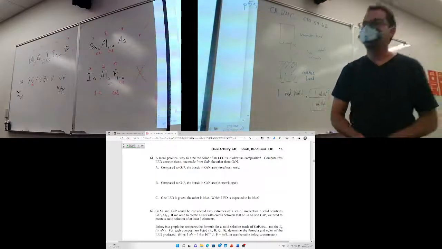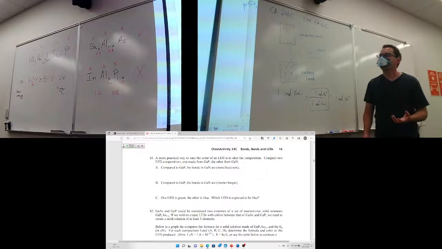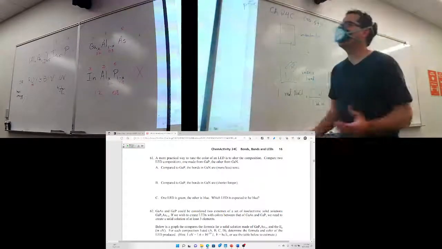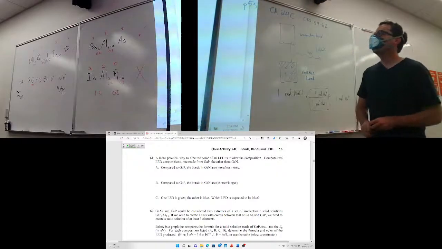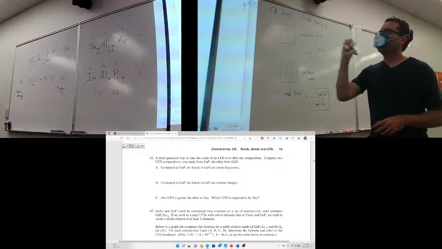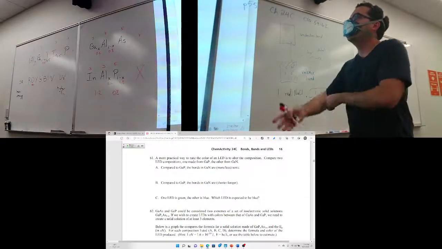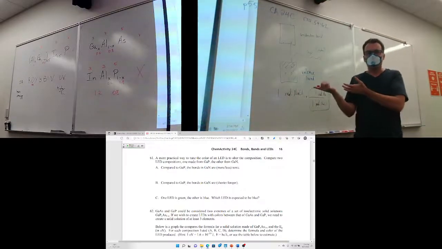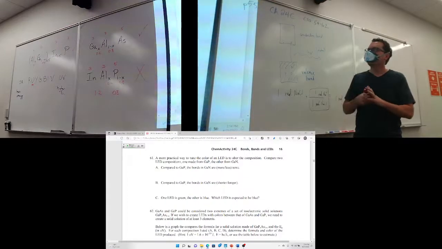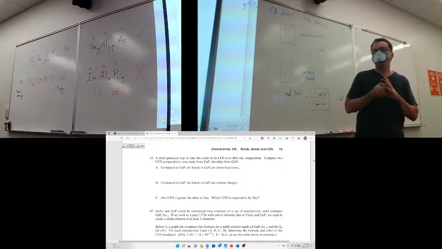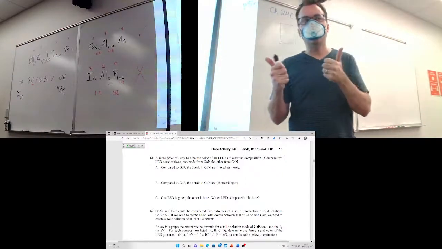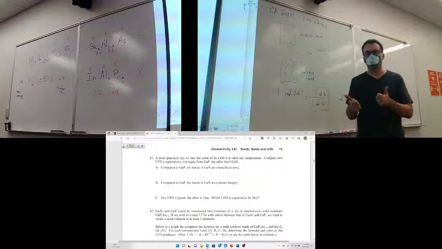So that's the impractical way to tune an LED. The practical way is by changing the composition. Compared to gallium phosphide, the bonds in gallium nitride are more or less ionic? Gallium nitride is more ionic. Remember, ionic character is difference in electronegativity.